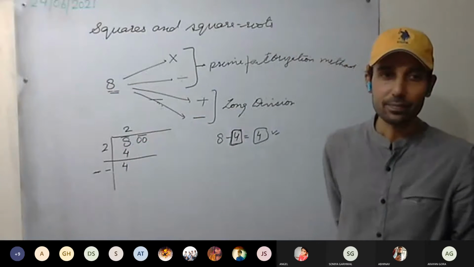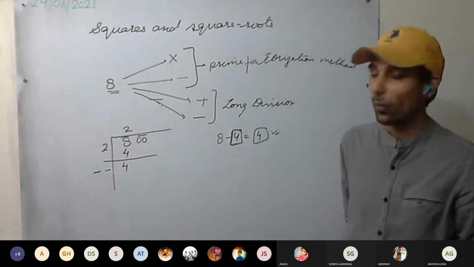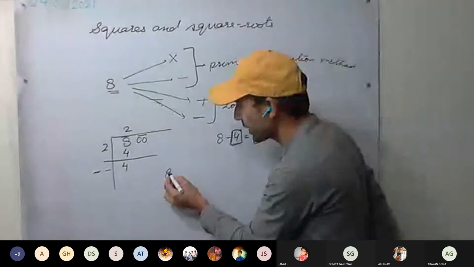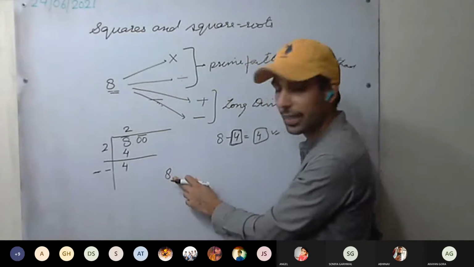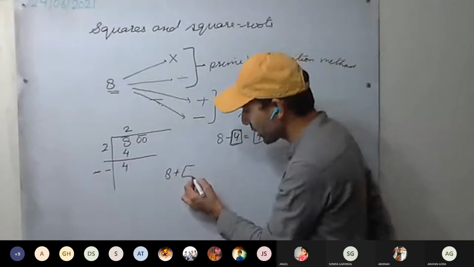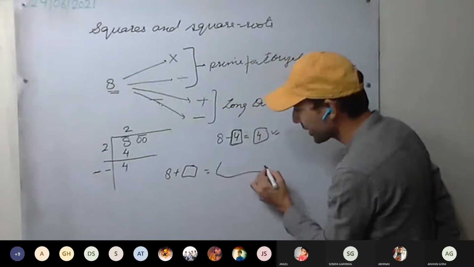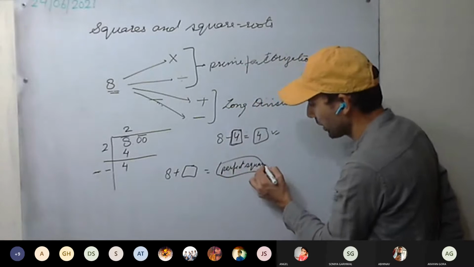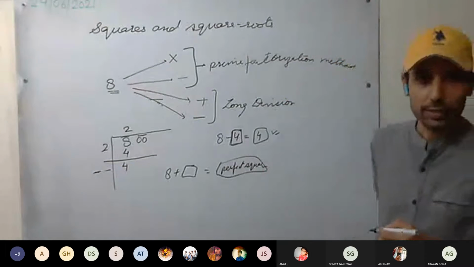And what is to be added? How do we calculate it? So see here, the number 8 is there. It's not a perfect square. We have to add something to it so that the resultant becomes a perfect square. This is clear.